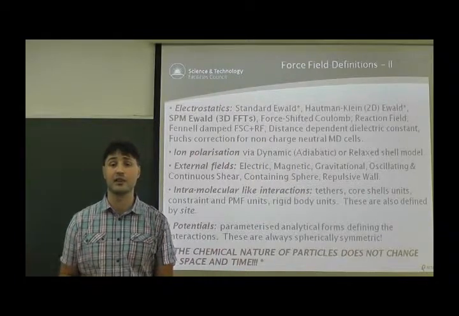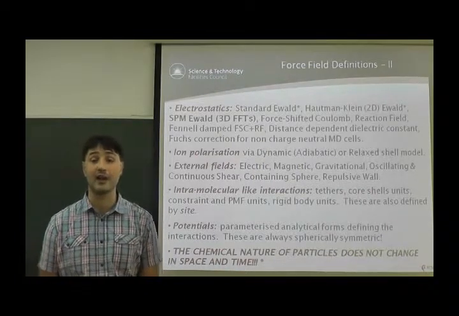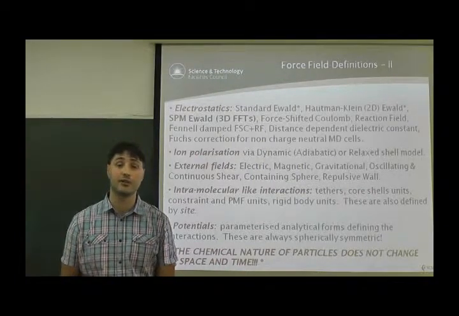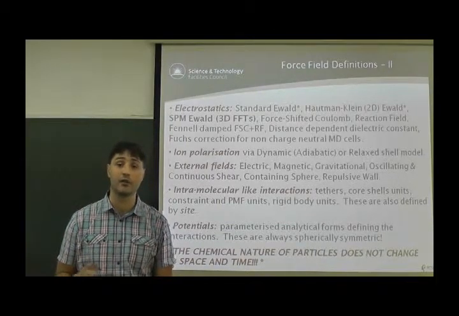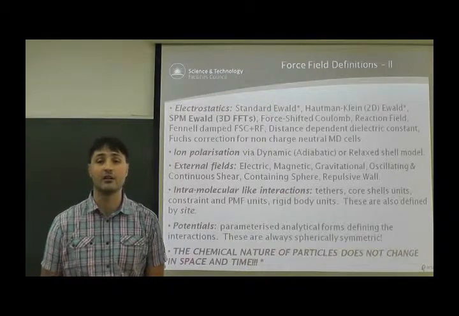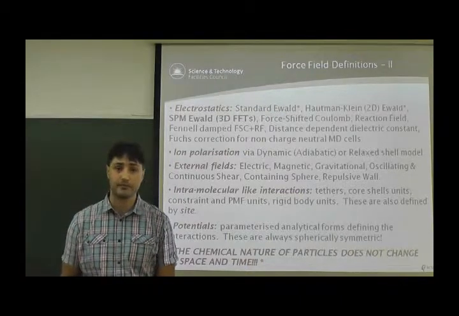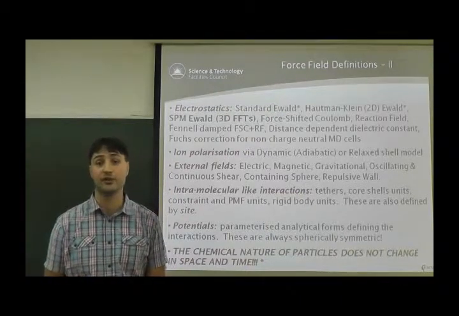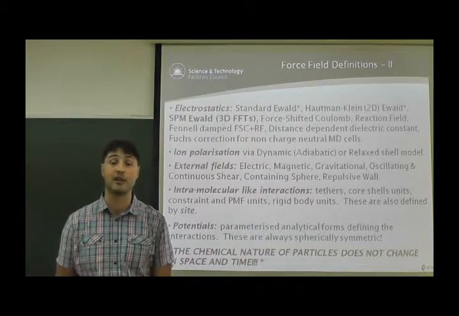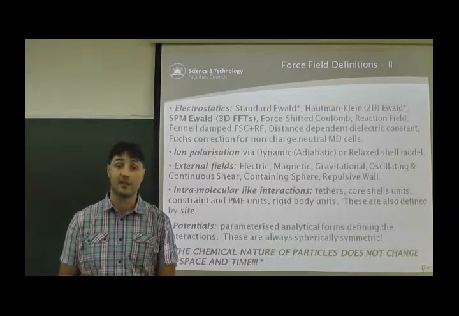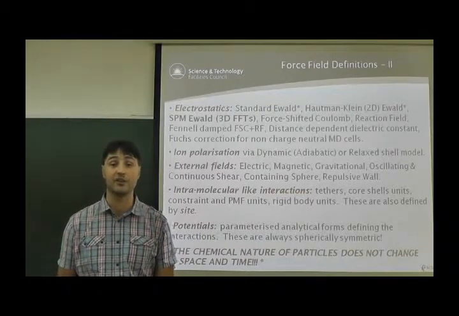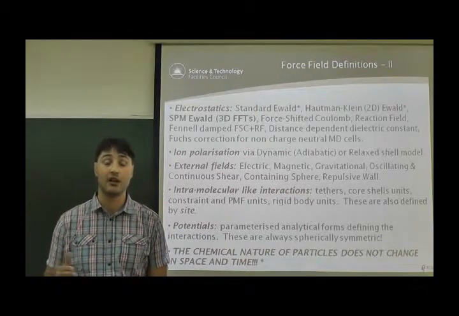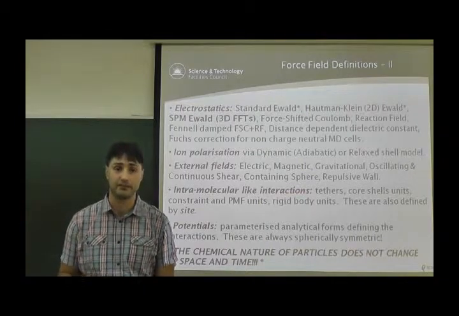In the relaxed shell model, they don't need to have mass, and they're solved using conjugate gradient methodology, relaxing the total gradient of all the shell forces to a very small number. If the user chooses to use the dynamic shell model, they have to warrant the adiabaticity of the system, so there is no transference of kinetic energy between the shell and the ionic system.